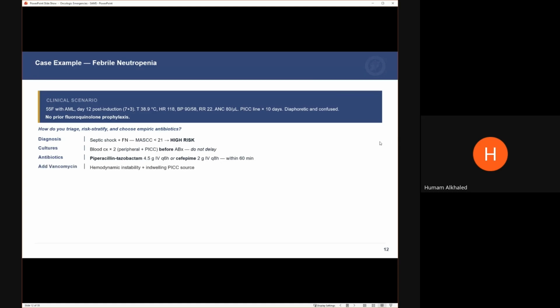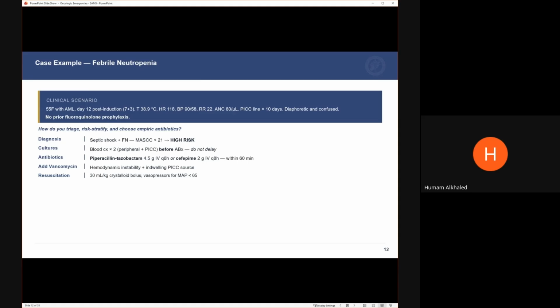For this patient, we do want to start empiric vancomycin because the patient is septic and she has a PICC line as a possible source of infection. The patient is hemodynamically unstable, so we do want to give fluids, 30 mL per kilogram, that's what's recommended, and we see how they respond.